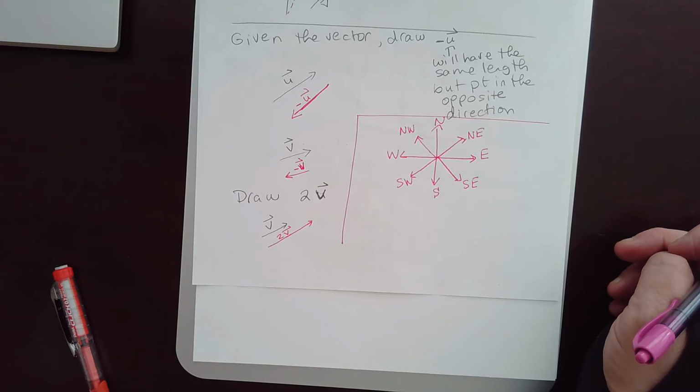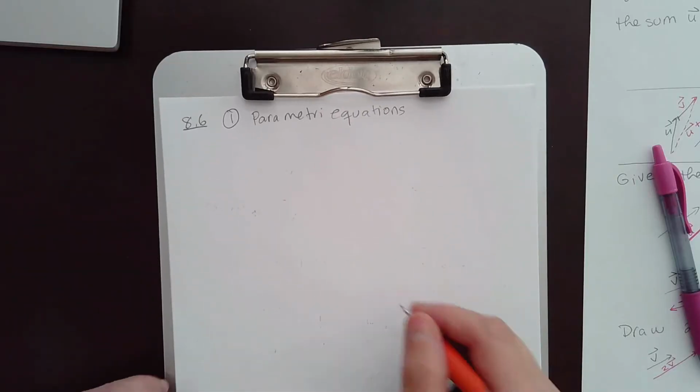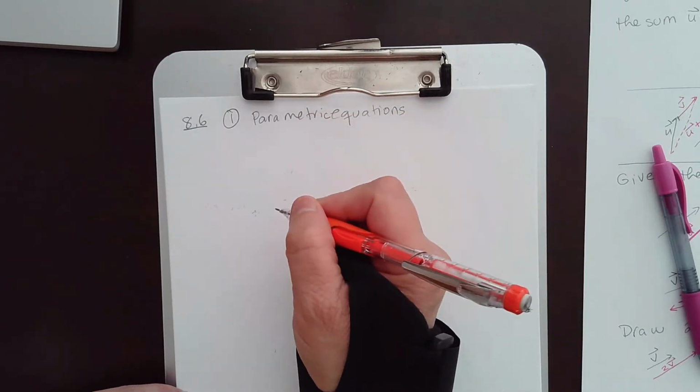Okay, so I'm gonna stop here for now from 8.4. Okay, so we're gonna start with 8.6, and that is parametric equations. What are parametric equations?